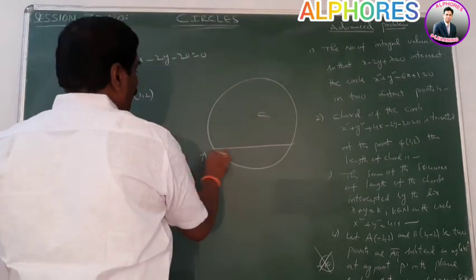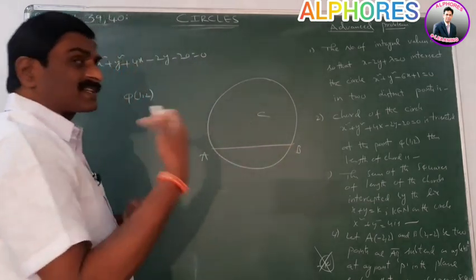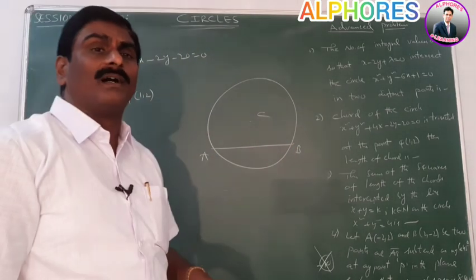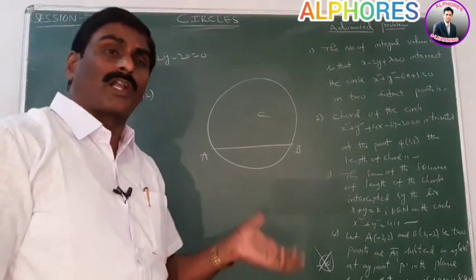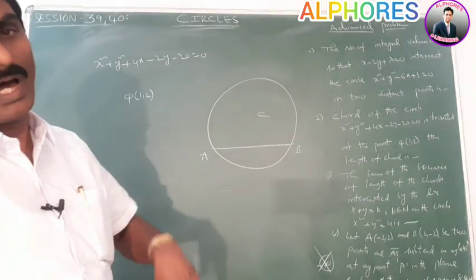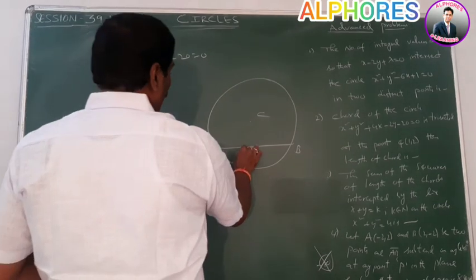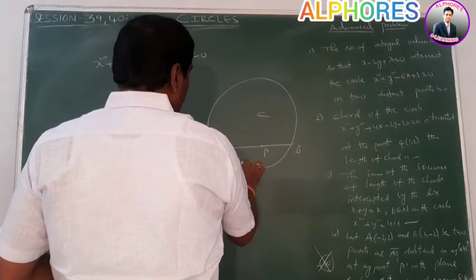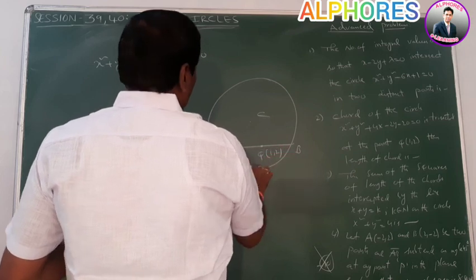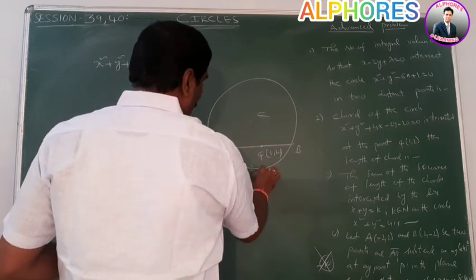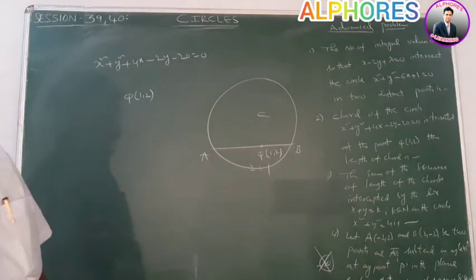Let AB be the chord. Trisection means if the point trisects the line segment AB, then it divides it in the ratio 1:2 or 2:1. Say P and Q are the points on this line segment which are the trisection points. That means it divides in the ratio of 2:1 or 1:2.